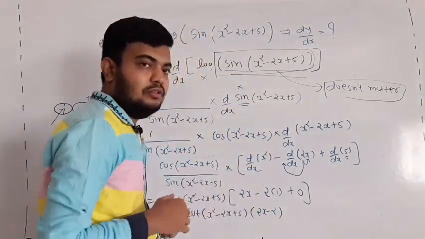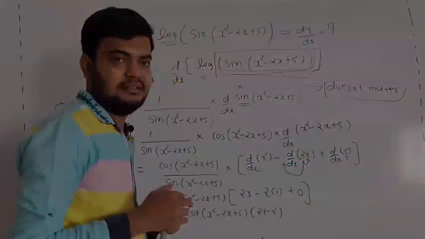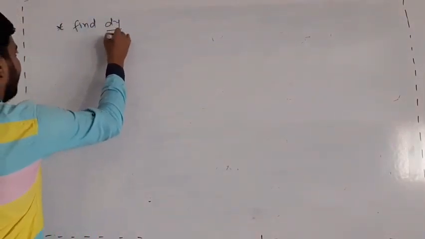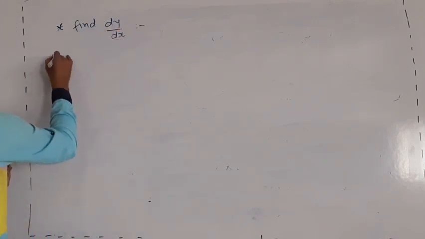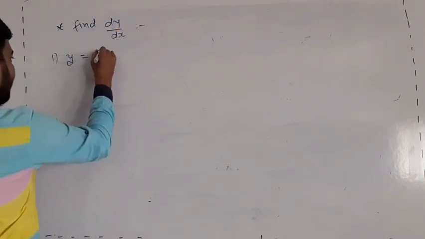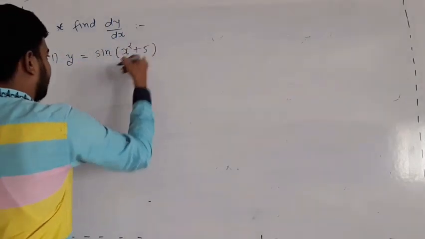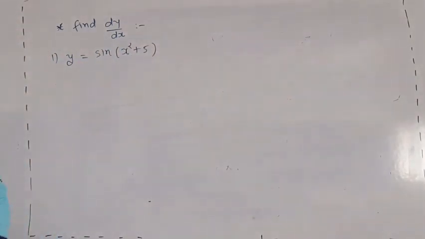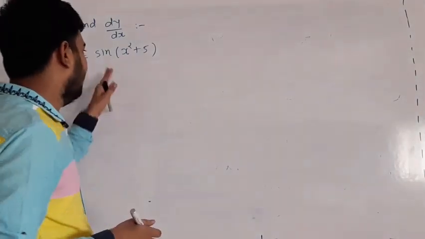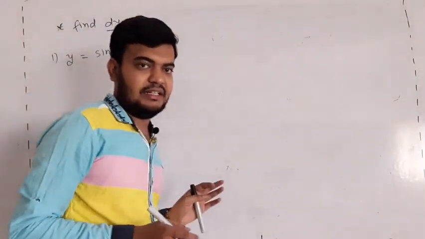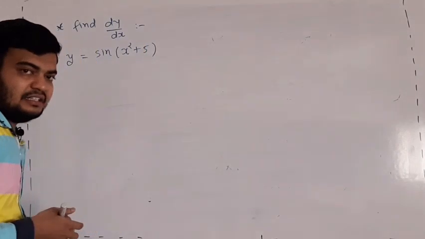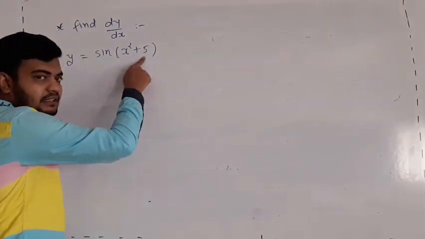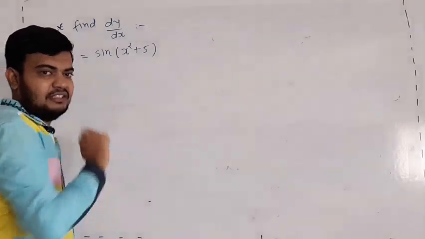Okay, now move towards the next example. Now let's discuss more examples. Find dy by dx. The first one is y is equal to sine of x square plus 5. We know that there is no direct formula for the derivative of sine of x square plus 5. On the other hand, there is no multiplication rule here, and there is no division rule.